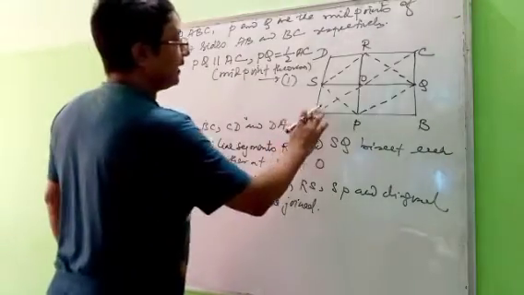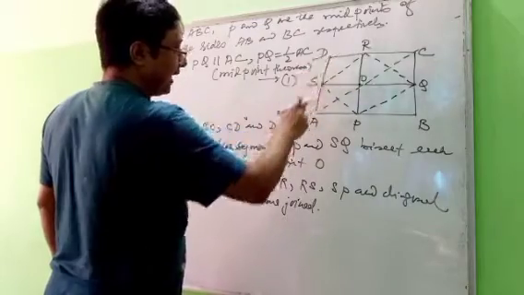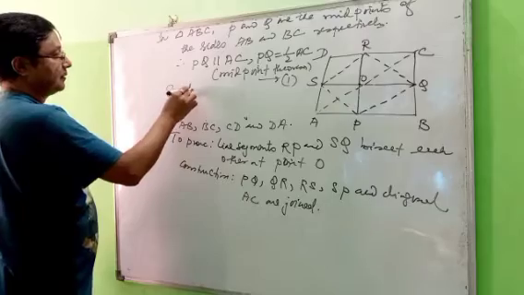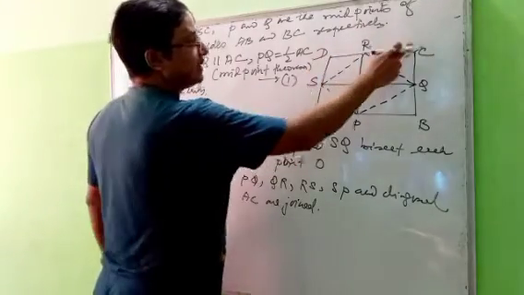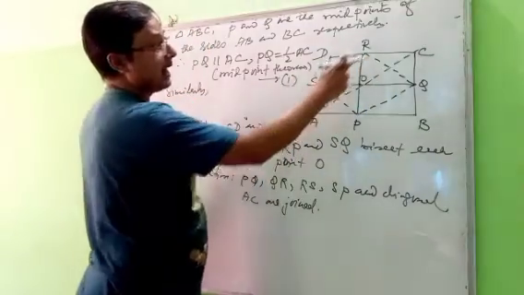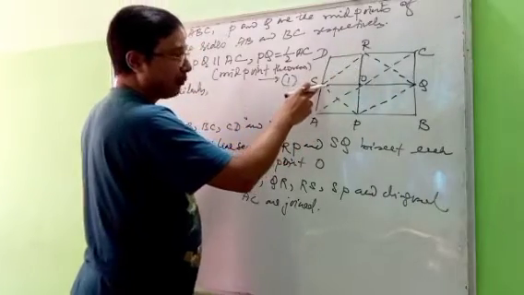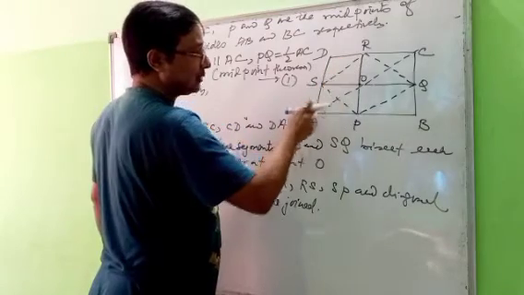Similarly, in the triangle ADC, where you get S and R, midpoints of AD and DC. So similarly, in the triangle ADC, S is the midpoint of the side AD, R is the midpoint of the side DC. So by joining these two midpoints, you will get the line parallel to the third side.